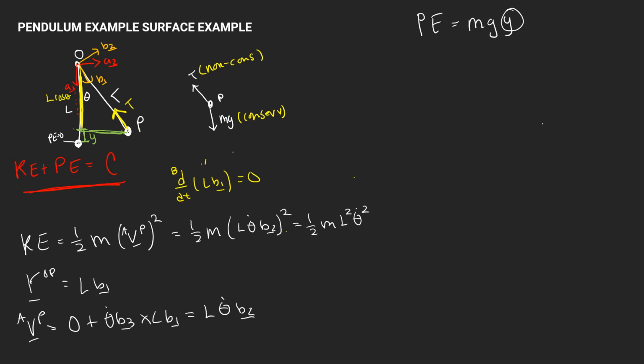If theta is here. So this y term here, we can write that y is equal to L minus L cosine theta. So we can plug that in now to our equation. So we get potential energy is equal to mg. We can pop the L out here and write 1 minus cosine theta.